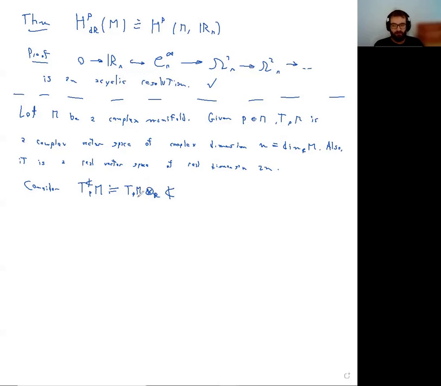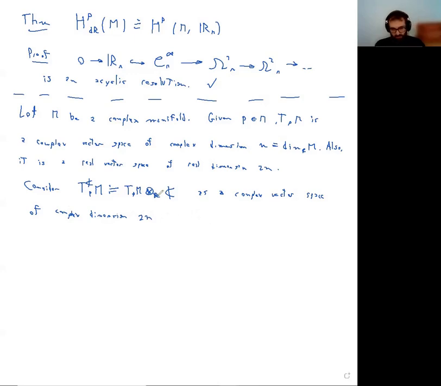You can completely forget for now that this is a complex vector space. So this is now a complex vector space of complex dimension 2N.